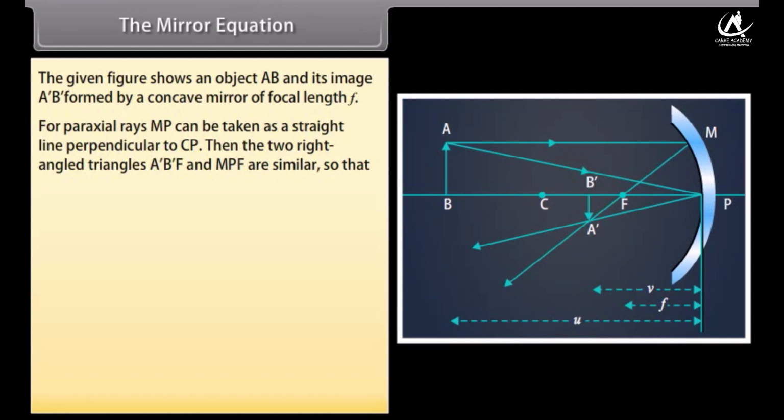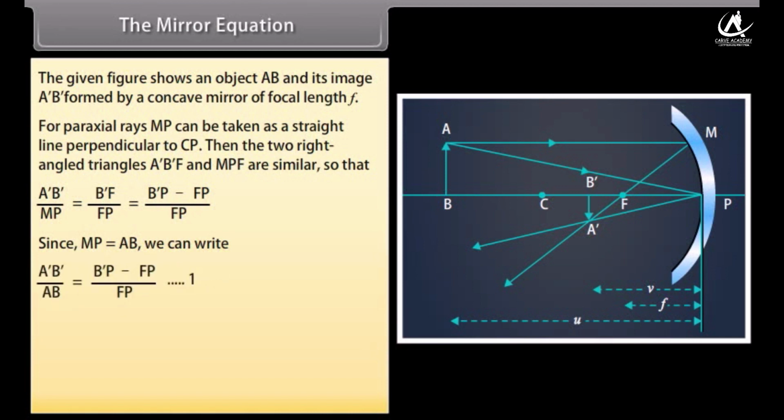Then the two right-angle triangles A'B'F and MPF are similar, so that A'B' by MP is equal to B'F by FP is equal to B'P minus FP by FP. Since MP is equal to AB, we can write A'B' by AB is equal to B'P minus FP by FP. Name it as 1.